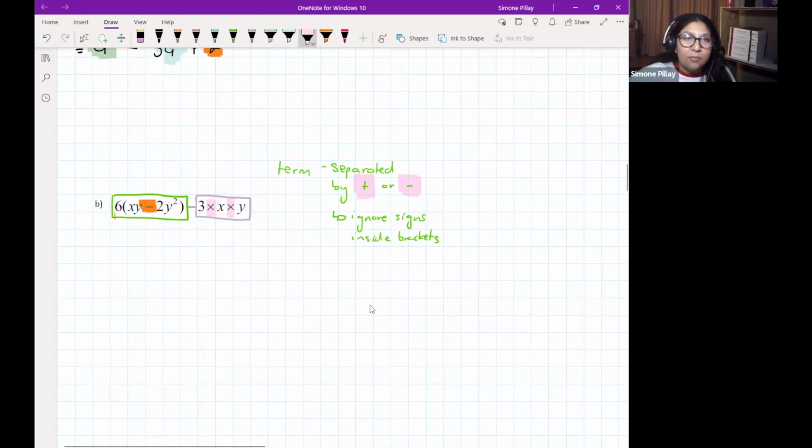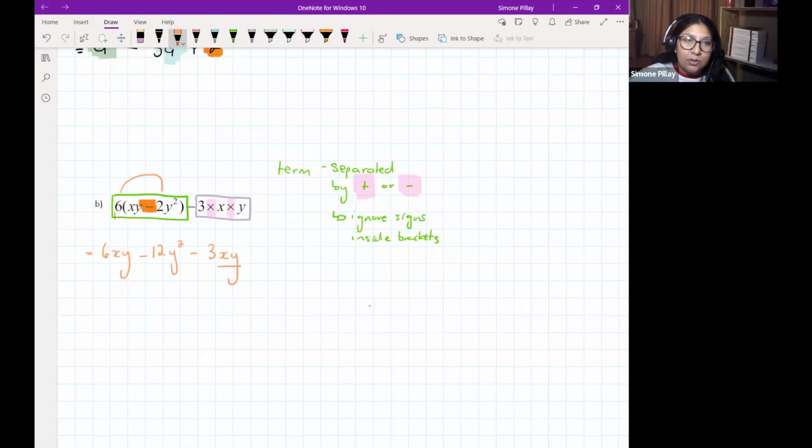The answer here would have been, okay, let's do the question. 6xy, and remember we're multiplying the numbers here. So it would be 6 times 2, which would be negative 12y squared, minus 3xy.